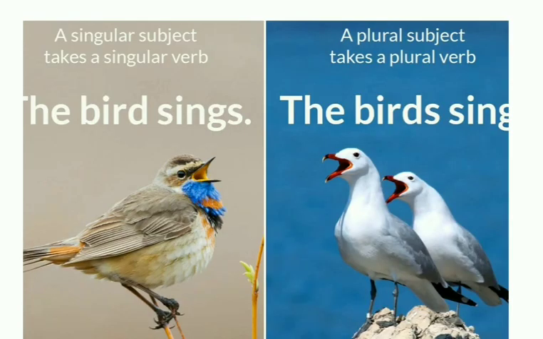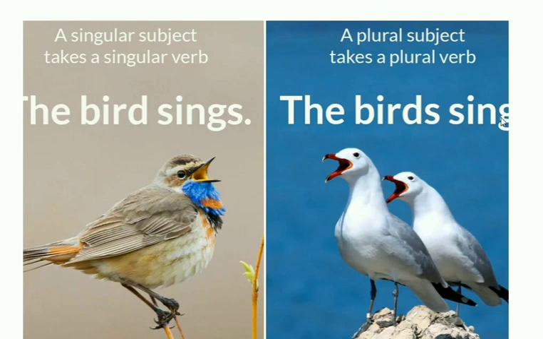Now singular subjects take a singular verb. So that's what we discussed till now. The bird sings. Plural subjects take a plural verb. The birds sing. Did you observe the change here? Bird sings.